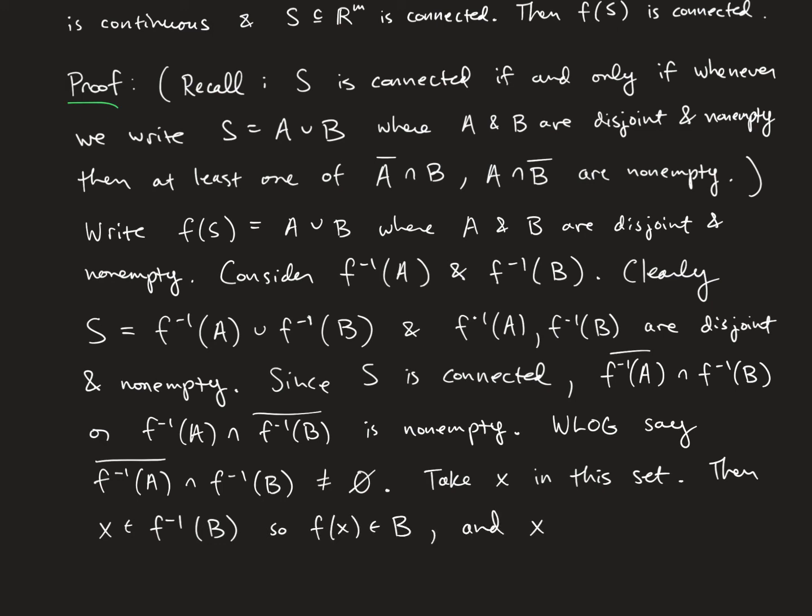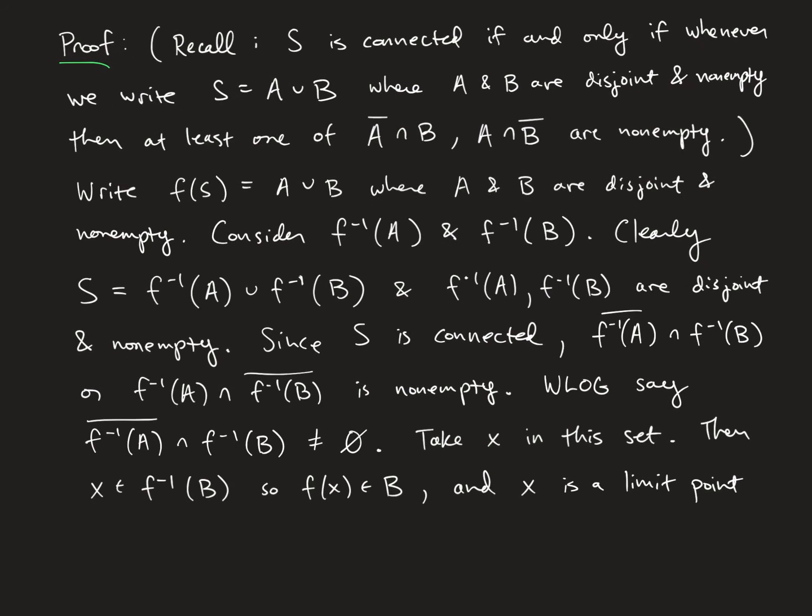And if X is in F inverse of B, it can't be in F inverse of A, because F inverse of A and F inverse of B are disjoint, as we said. But it is in the closure, so it must be a limit point. And X is a limit point of F inverse of A.